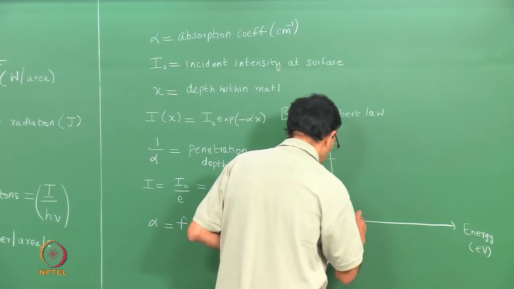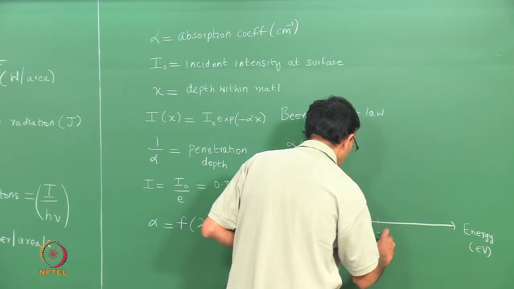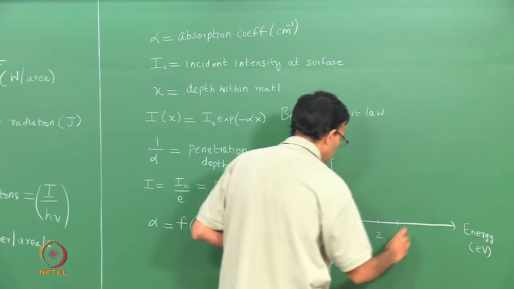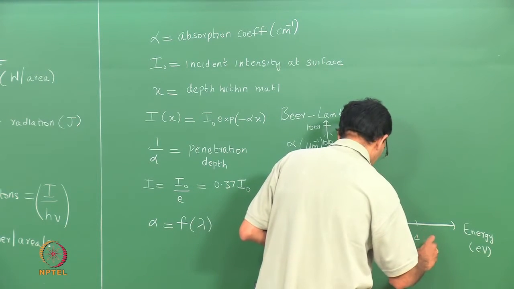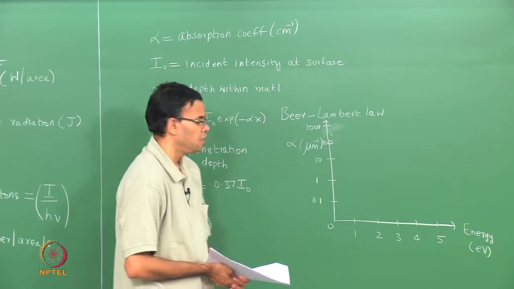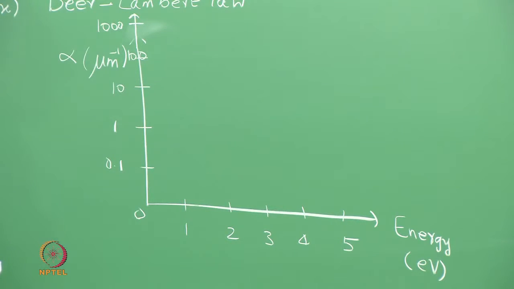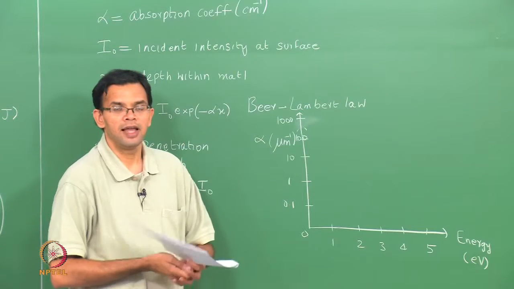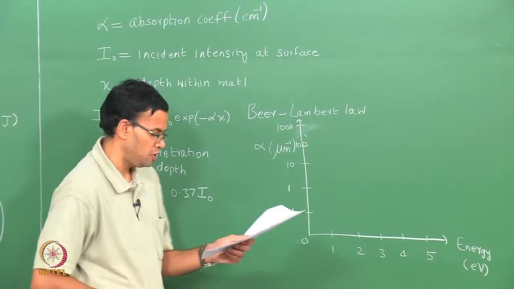So, 0, 1, 2, 3, 4 and 5. So, we will start with silicon. Silicon is an indirect band gap material and its band gap is around 1.1 electron volts at room temperature.